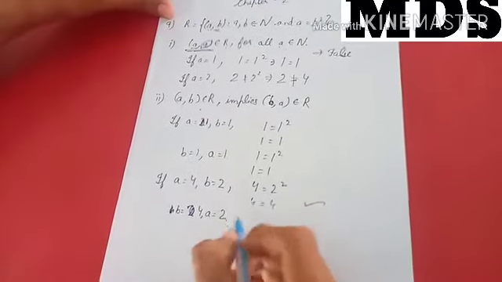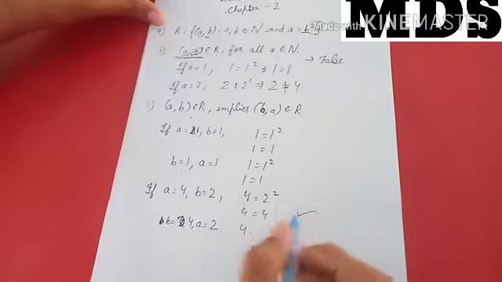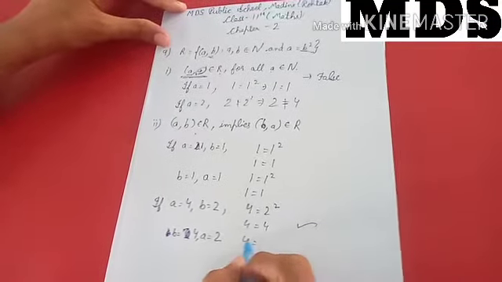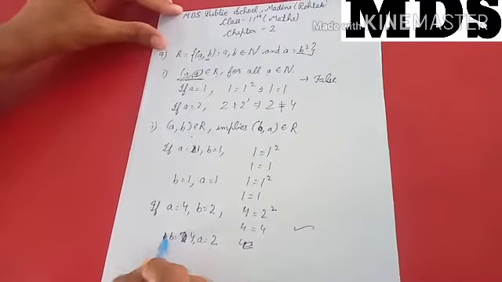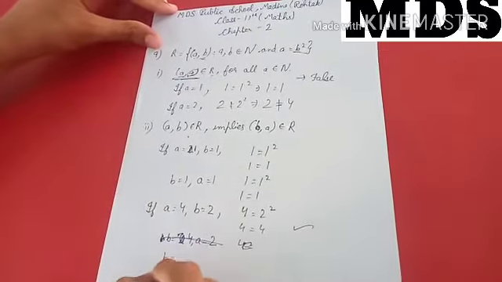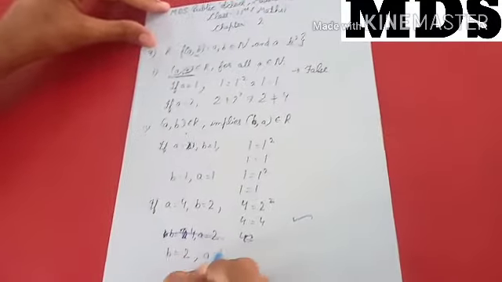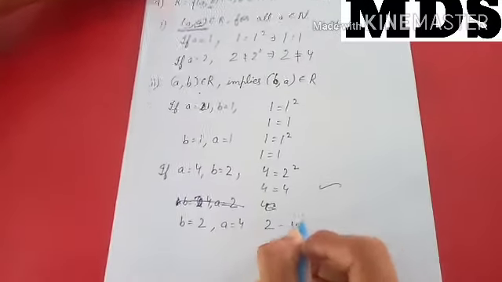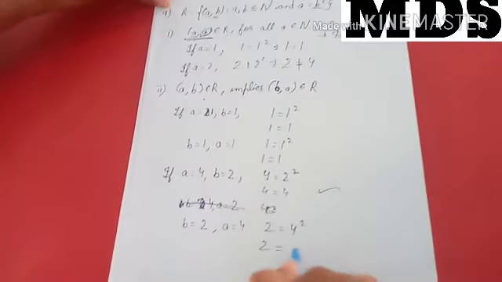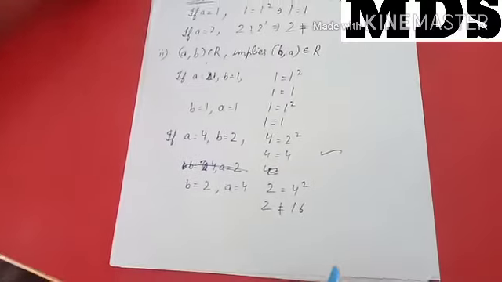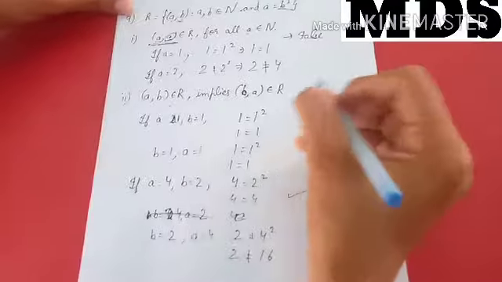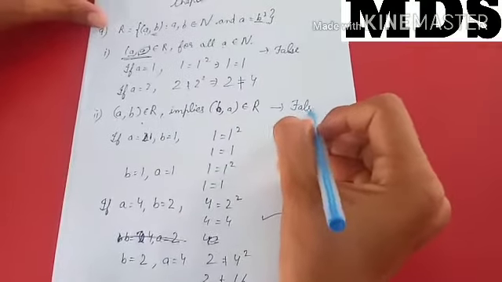Sorry, we will take b as 2 here and a as 4, and now we will prove for this. That means 2 should be equal to square of 4, that means 2 should be equal to 16. But it is not true. False. That means it is also false.